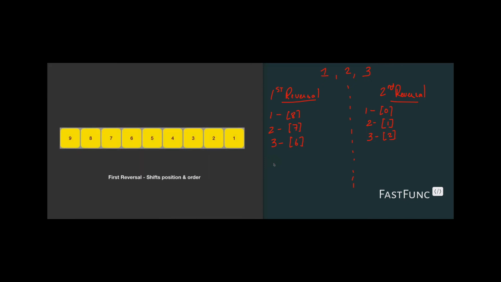So in the first reversal, we end up shifting the relative ordering of these elements. And you have the ordering 3, 2, and 1. And in the second reversal, you recover these relative orderings and you get back the original ordering, which is 1, 2, and 3. This is obvious, but we'll see why it's important in a moment.